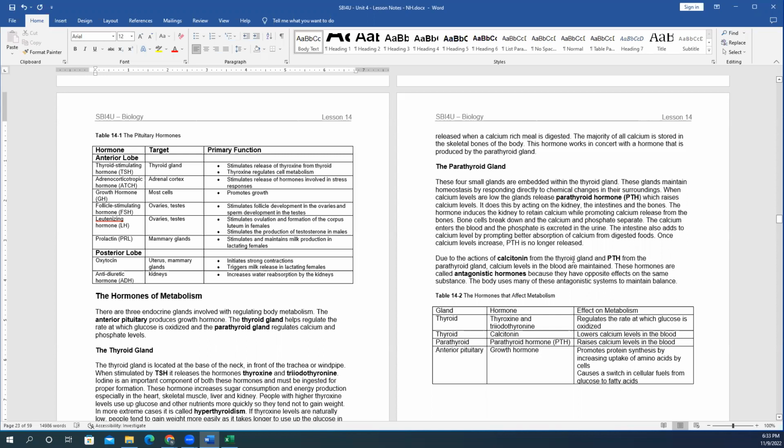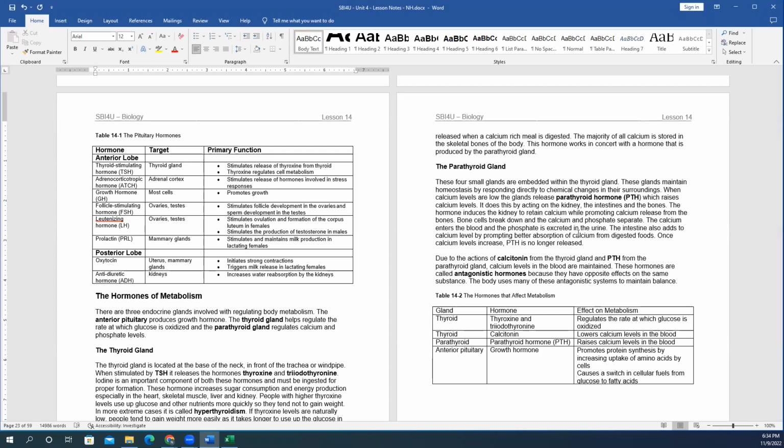around them. For example, when calcium levels are low, the parathyroid glands release a hormone called parathyroid hormone, or PTH. And the effect of the release of this hormone is to raise calcium levels. And it does this by acting on the kidneys and the intestines and the bones.